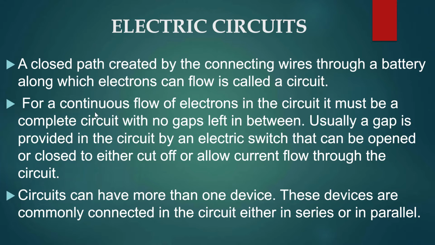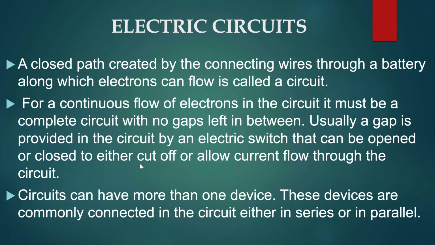For a continuous flow of electrons in the circuit, it must be a complete circuit with no gaps left in between. Usually, a gap is provided in the circuit by an electric switch that can be opened or closed to either cut off or allow current flow through the circuit.